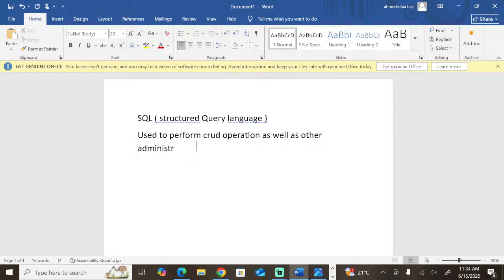That's how we use SQL. It is also used to define tables.